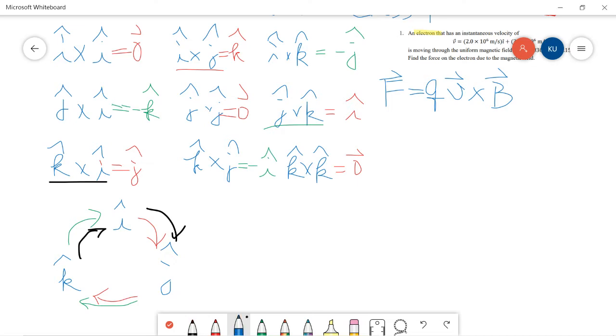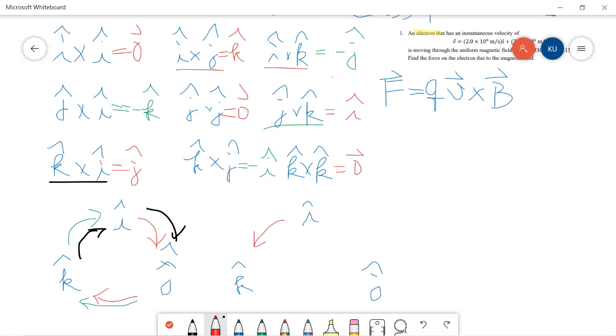However, if we rotate counterclockwise, for example, we have I cross K. I cross K is this one.